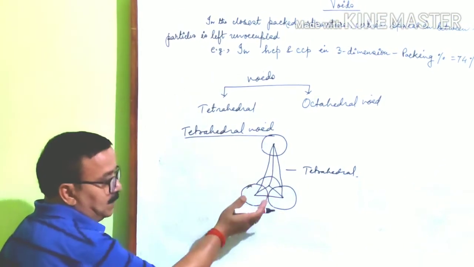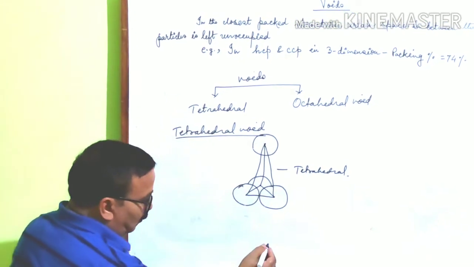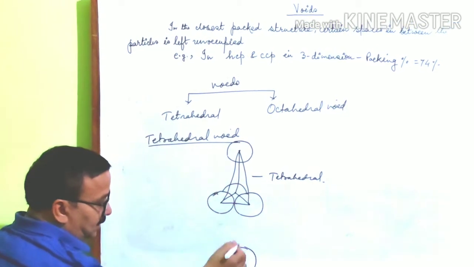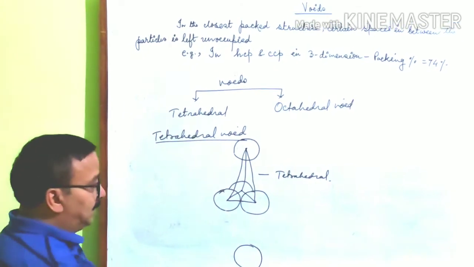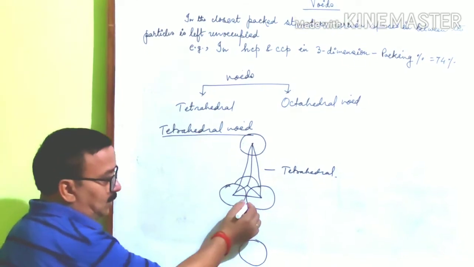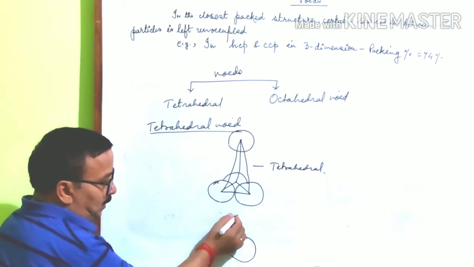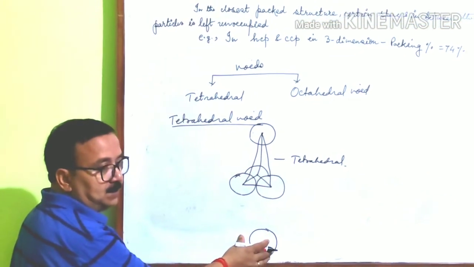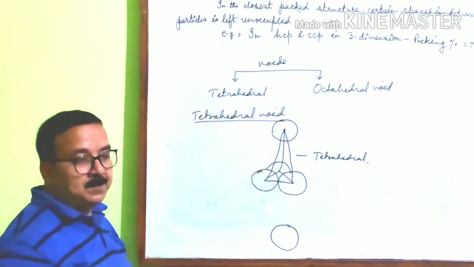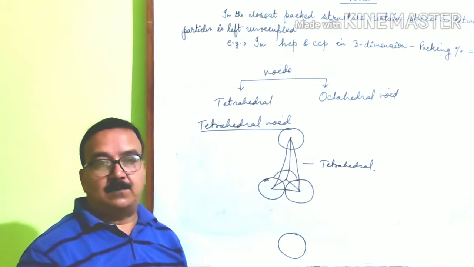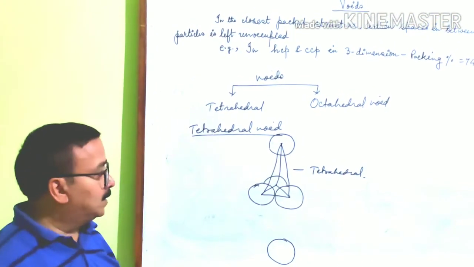इसी तरह से यदि हम लोग एक और स्फीयर ले लें जो इस स्फीयर के नीचे है, then again here there will be a tetrahedral void formed between these 3 spheres in one layer and this sphere placed below this layer. So we can say that there are 2 tetrahedral voids per sphere.